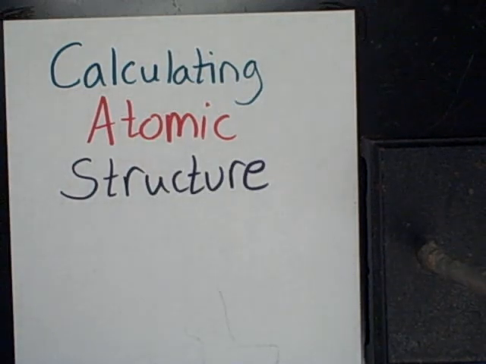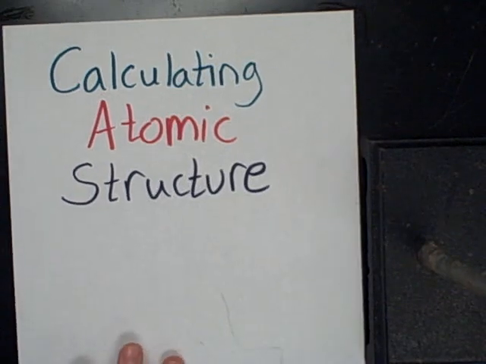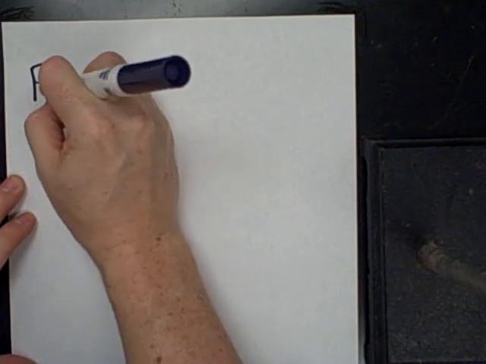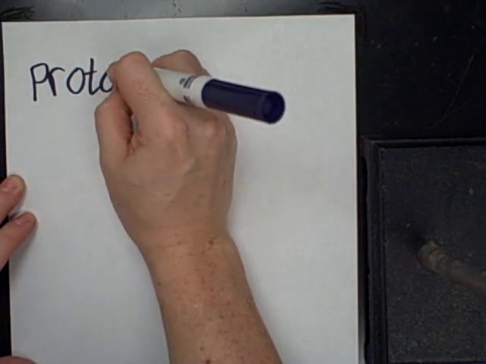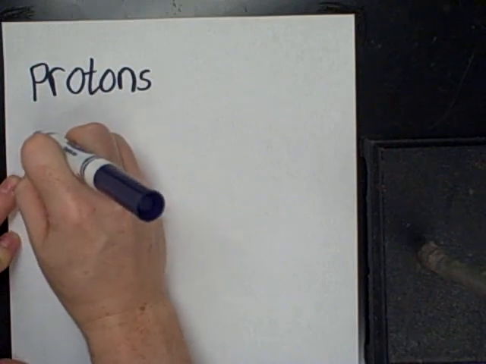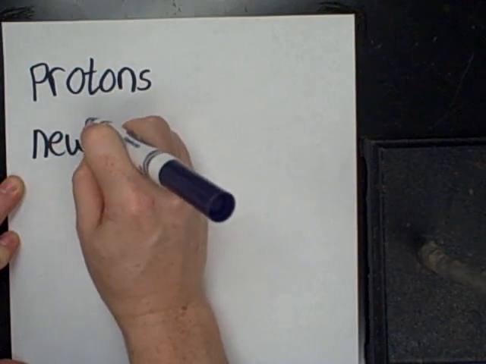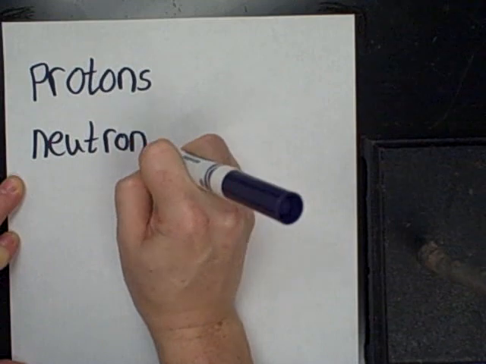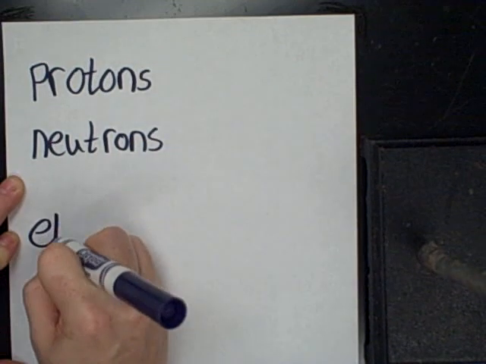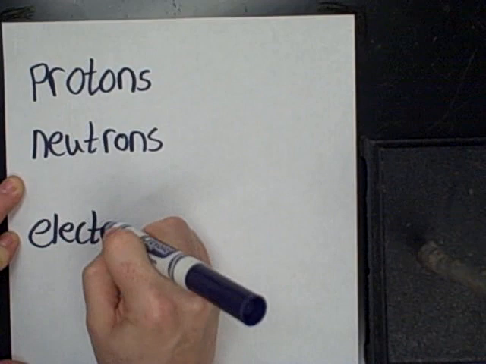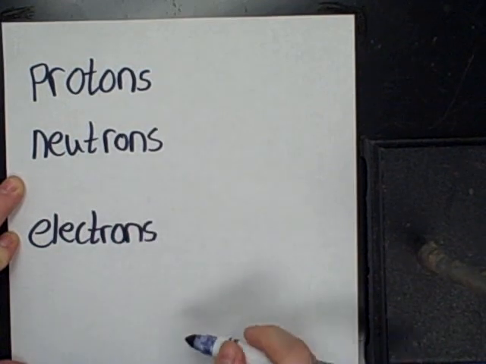Today we're learning how to calculate the structure of an atom. To calculate the structure of the atom, we are finding out the number of protons, neutrons, and electrons an atom has.